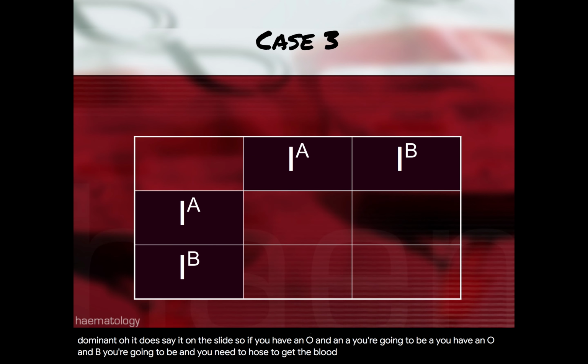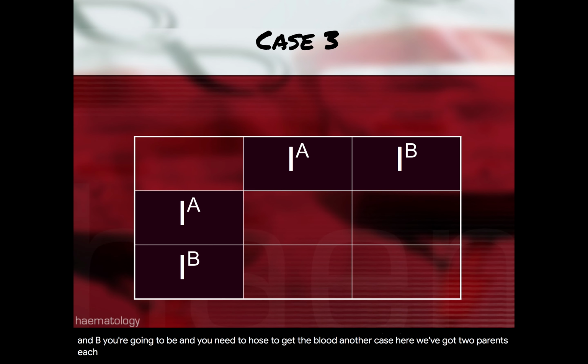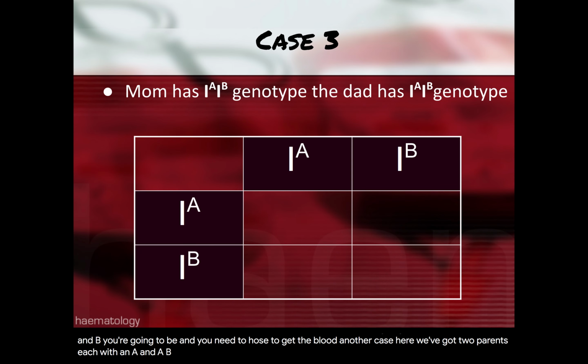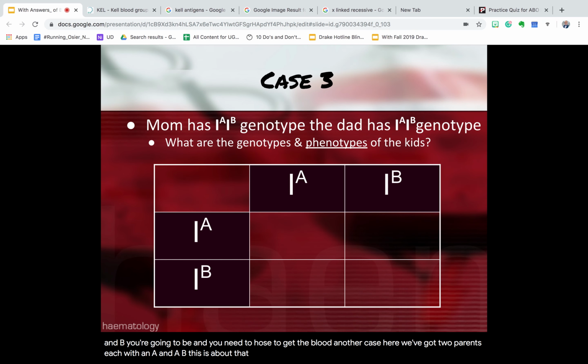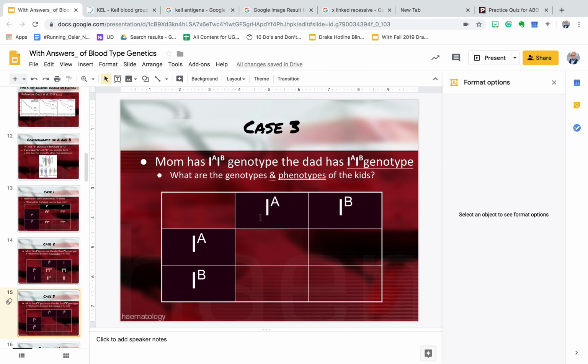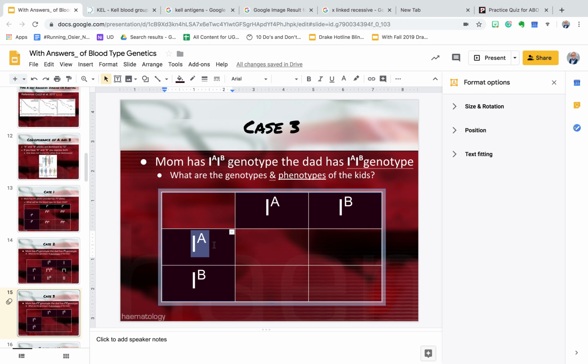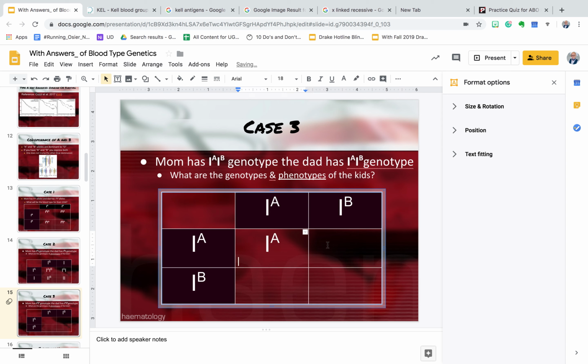Okay. Another case here where we've got two parents, each with an A and a B. Oop, don't know why this is animated. Sorry about that. So mom is going to give an IA here and here.